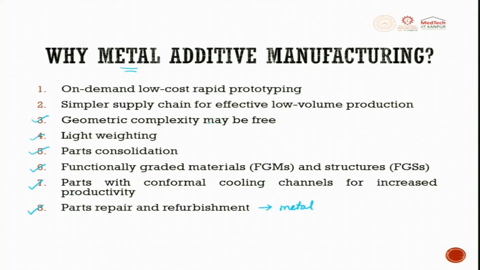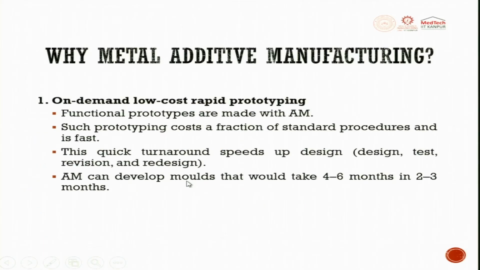So, complex geometries can be made, lightweight parts can be made, and part consolidation from 300 parts you can go up to 1. 300 to 1 is possible. So, all small parts are removed, welding is removed, and the entire thing is printed into one part. Functionally graded material and structures can be made. Conformal cooling: we will see some examples in the later lectures to come.